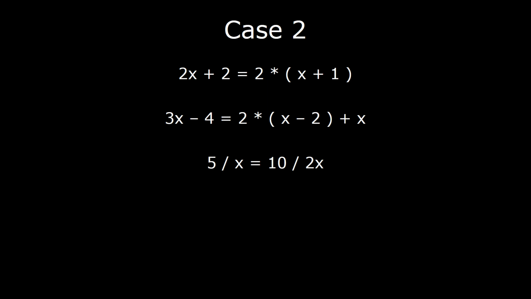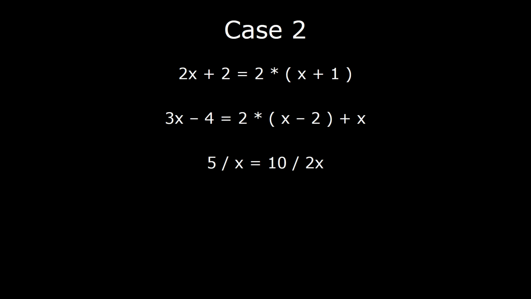So let's break the shackles of these brackets by opening them up, by which I mean, of course, multiplying the 2 that was outside them with the contents x plus 1 within the bracket using the distributive property of multiplication. Thus, the RHS is 2 into (x plus 1), which equals 2 into x plus 2 into 1, which equals 2x plus 2.